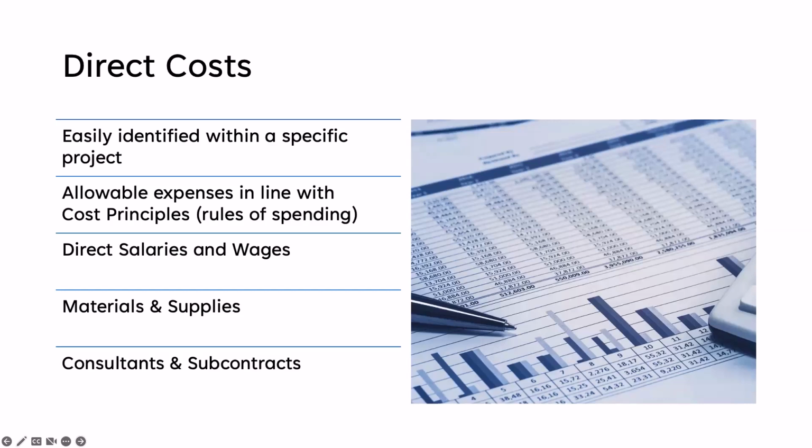They're directly traceable. You can create an audit trail, per se, that yes, indeed, we used this pen or this paper or whatever the material and supply is directly for this project. We can say that this person's salary, whatever percentage was allocable to the project, we can trace it directly to this project.